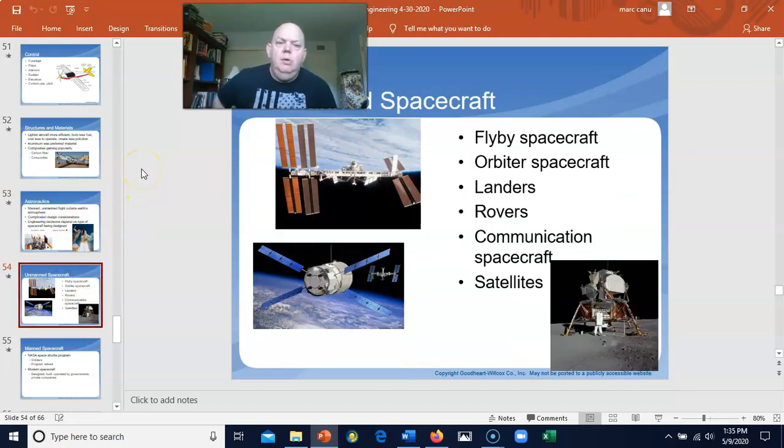Now, there is unmanned spacecraft, like flyby spacecraft. This is, I believe, the International Space Station from a weird angle. But these are satellites. They can be used for communications, for satellite telephones, if you've ever heard of those. As long as you were exposed to the open air with your satellite phone, you could literally call anybody on the earth.